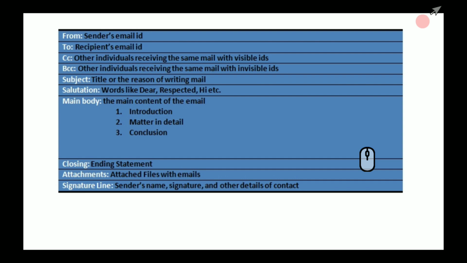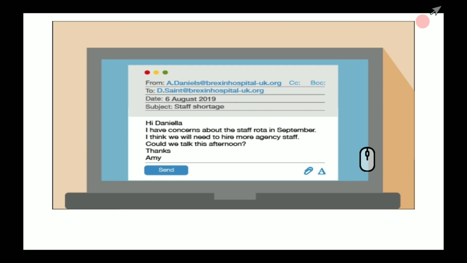Email writing has to be like this, with the sender's name, receiver's name, date, subject, salutation, the content, and finally the person who's writing. This is how you will write your emails.